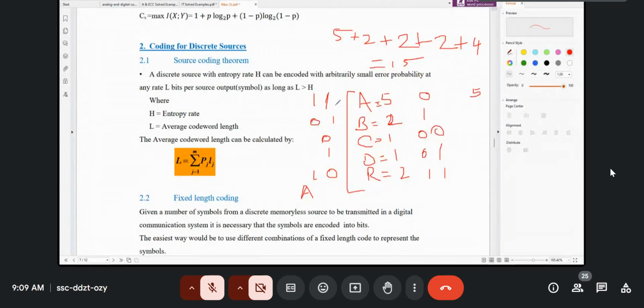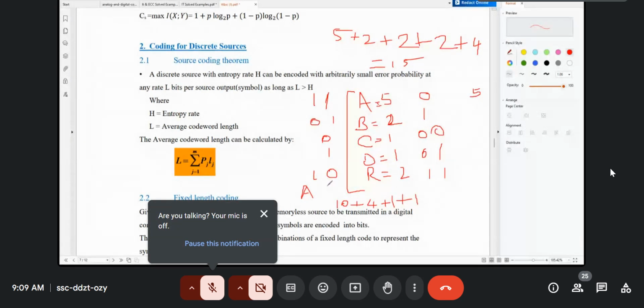This will be 2 times 5, that will be 10, plus this 2 times 2, because the length is 2, and there are 2 of them. That means plus 4. Plus this is 1, and this is 1 plus 1. And this is 2, 2 times 2, 4. So in this case, we are going to use 20 bits.